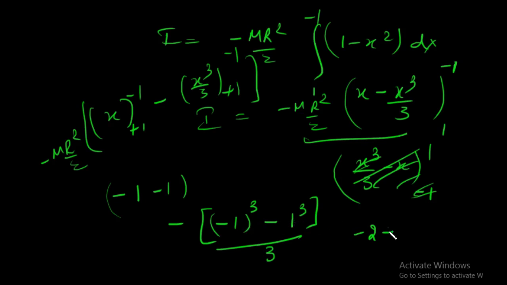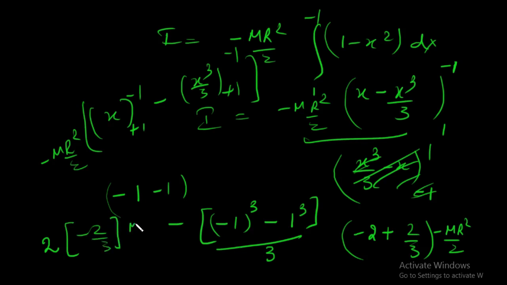This is minus 2 and this would be plus 2 by 3, times minus m r square by 2, right? So 2 comes out, and this would be minus 1 plus 1 by 3. This would be minus 2 by 3, times m r square by 2, and this is minus. So 2 gets cancelled, minus gets cancelled. So the final moment of inertia is 2 by 3 m r square.